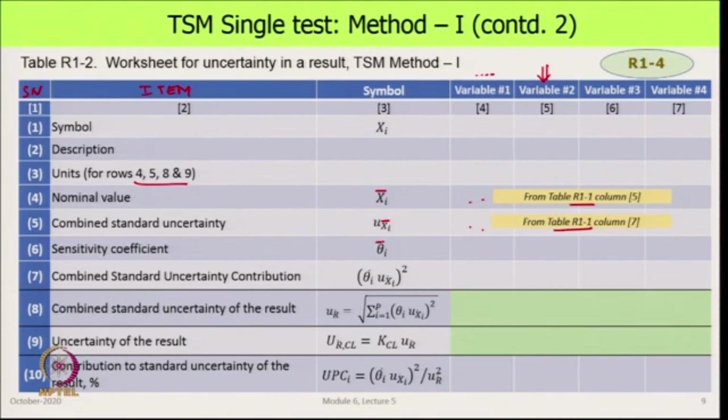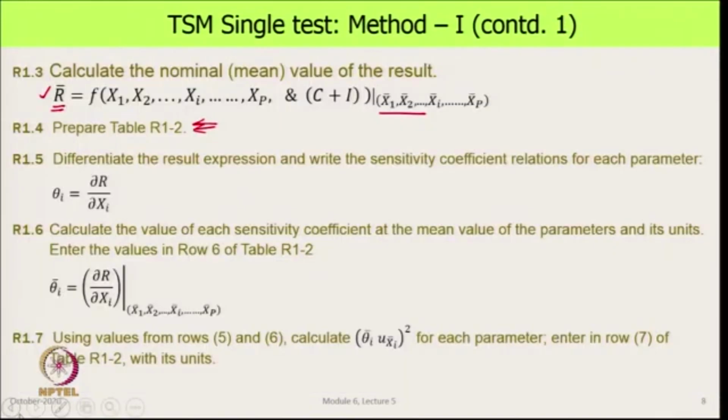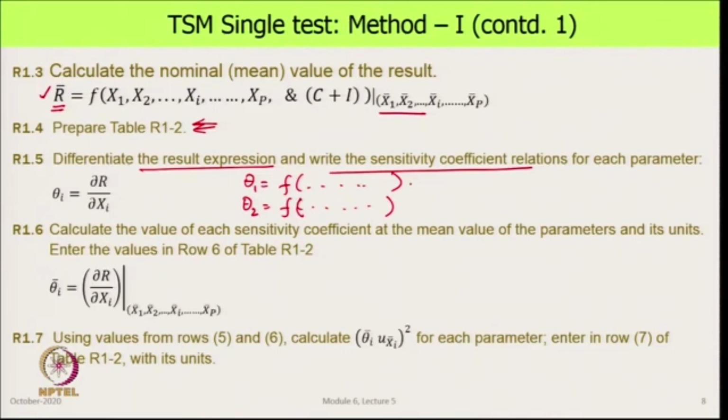Then we calculate the sensitivity coefficient, and for that we first differentiate the result expression and write the formula or the mathematical relation for every sensitivity coefficient. So, we will have theta 1 as a function of all the parameters there, theta 2 as a function of all the variables in the formula and so on.